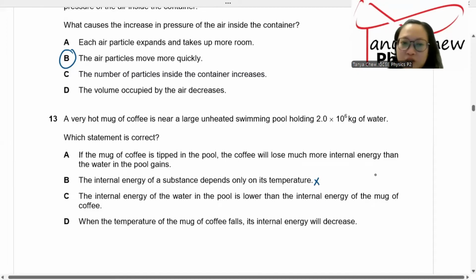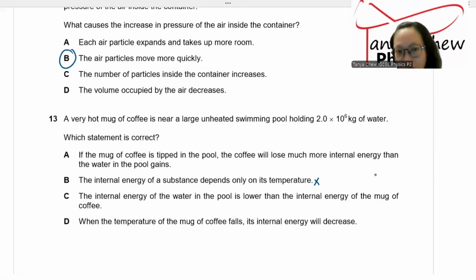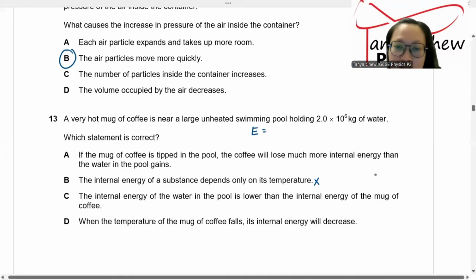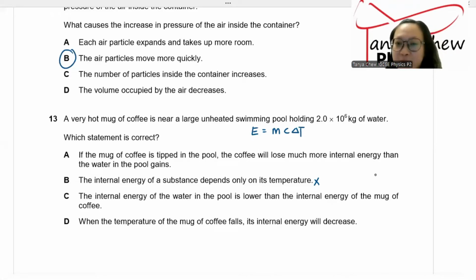C, the internal energy of the water in the pool is lower than the internal energy of the mug of coffee. Now, when we talk about internal energy, I better give you the equation. The energy is equal to mc delta T. E represents internal energy, m represents the mass, c represents the specific heat capacity, and delta T represents the change in temperature.